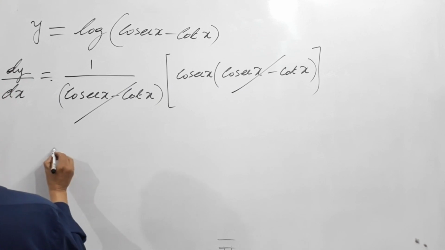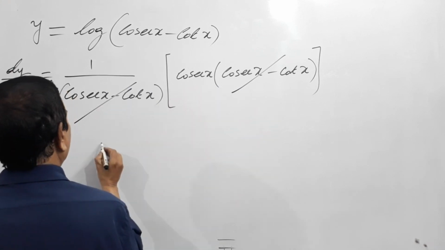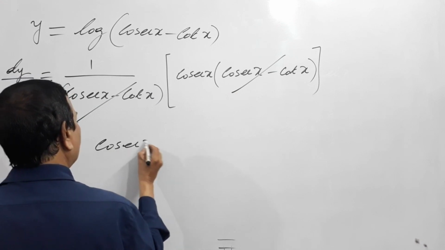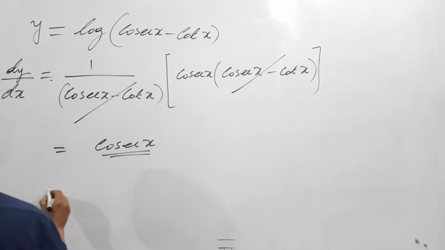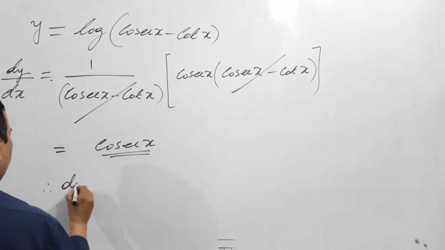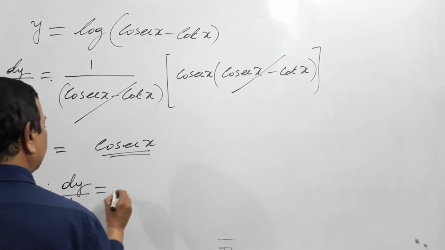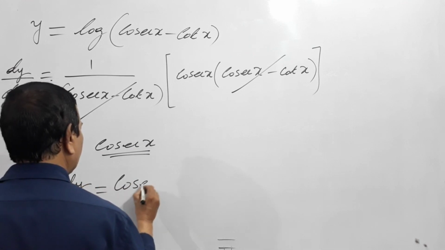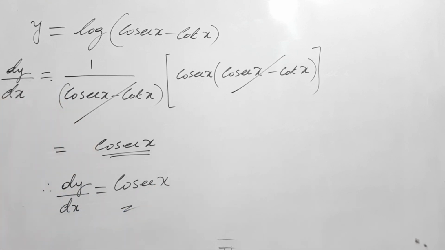This and this cancel, left with what? Cosecant x. Therefore dy by dx equals cosecant x. This is your answer.